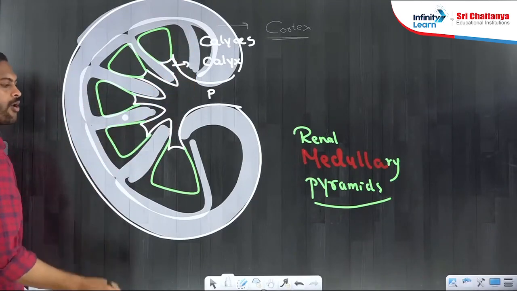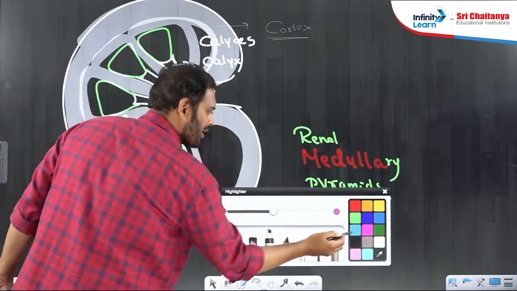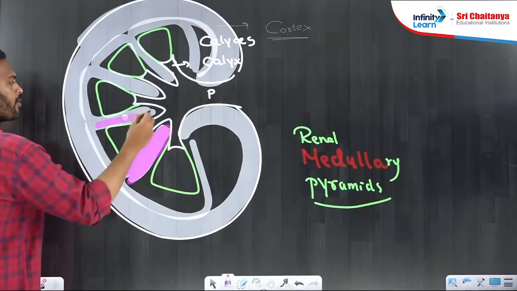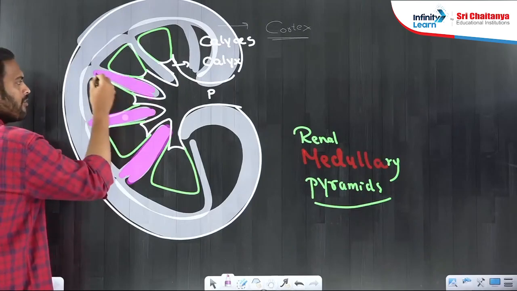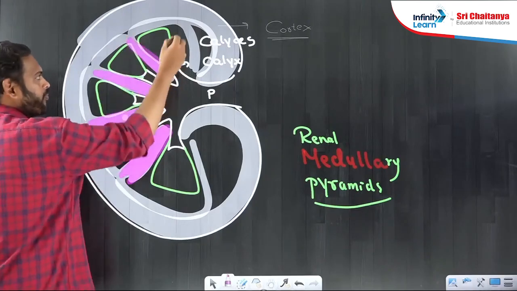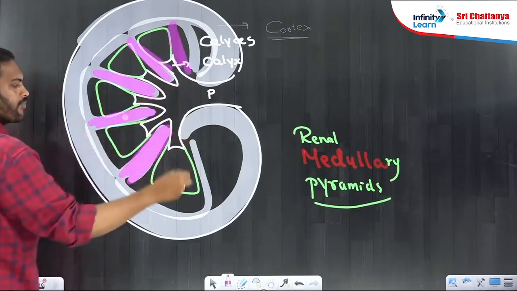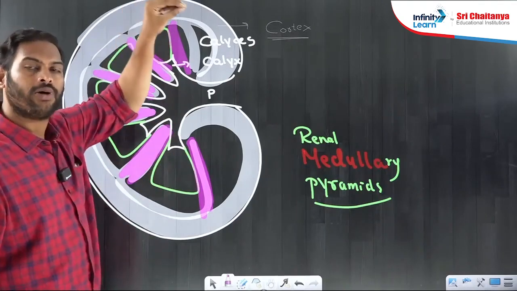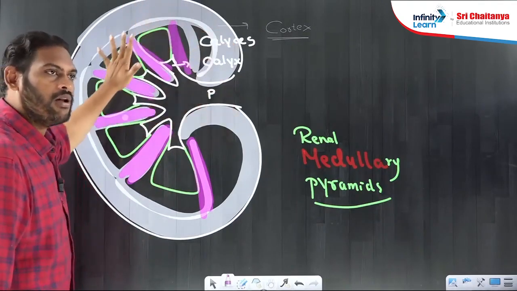The cortex looks like columns here. I'll color it differently. See this. Column 1, column 2, column 3. Vertical columns, right? Like this, the cortex also extends into the medullary region.